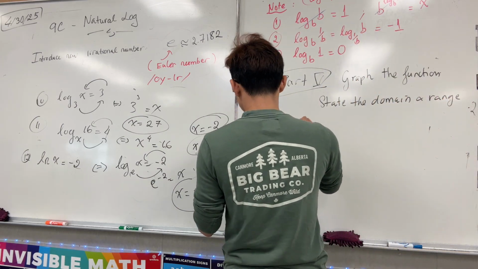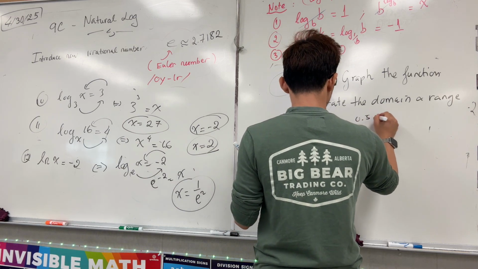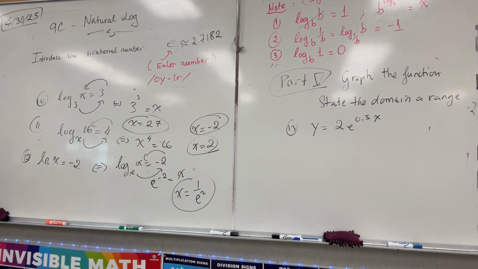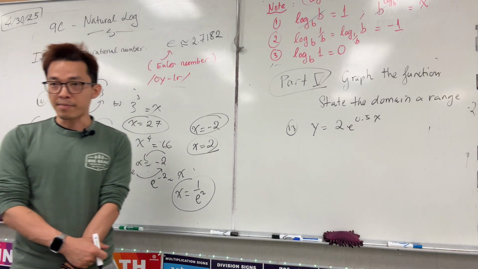Number 13, y equal to 2 times e to the power of... Easy though. You learned how to graph the exponential function already, right? That's lesson 9A or 9B. You just did.